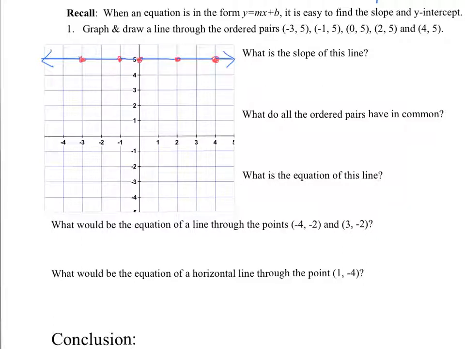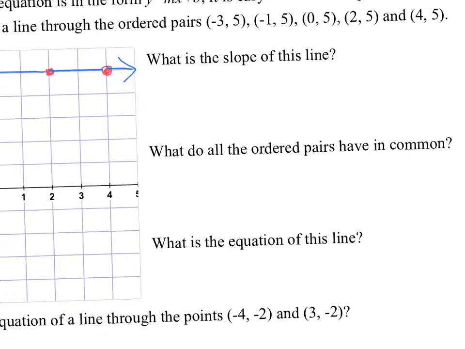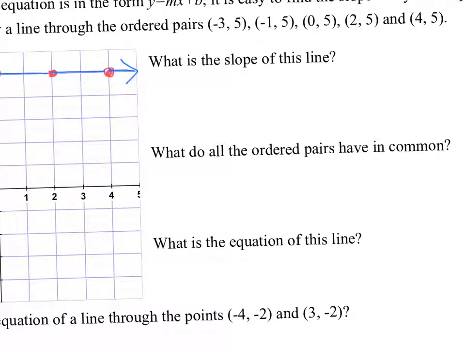Let's calculate the slope the way that we know how. m is equal to y2 minus y1 over x2 minus x1, and I can pick any pair of points. Let me just pick the first two.